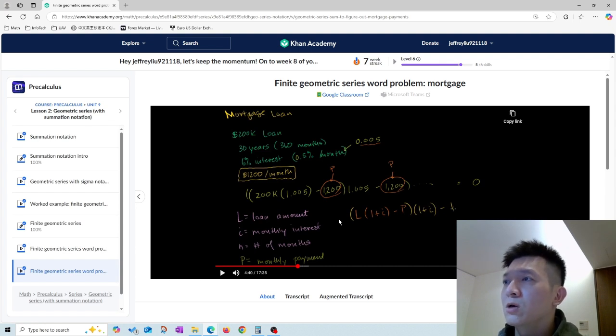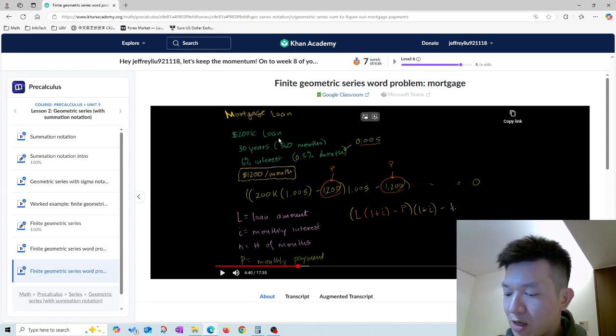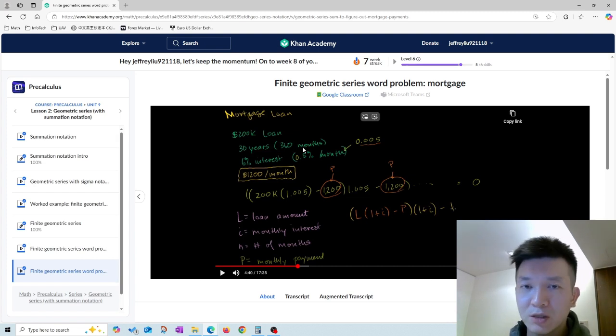Okay, so we have a $200,000 loan, and we have 30 years, but we pay monthly, so we have 360 payments or months. We pay every month, so 30 years, but that's actually 360 months, or we pay 360 times, right?